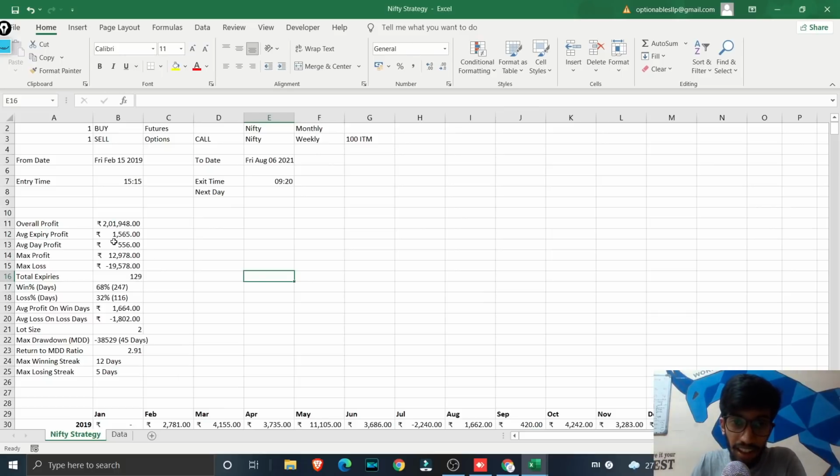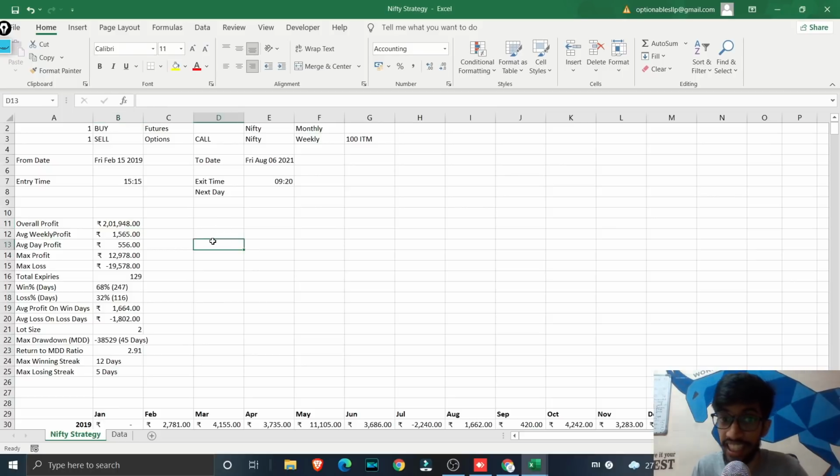You can see that on average daily you will end up making around 556 rupees. And since I told you Thursday and Wednesday are excluded, you can see that the average weekly profit is somewhere close to 1565 rupees. I am considering this where you have excluded Thursday. If you include that, this is going to be much higher, maybe somewhere around 2,50,000 or 2,60,000.